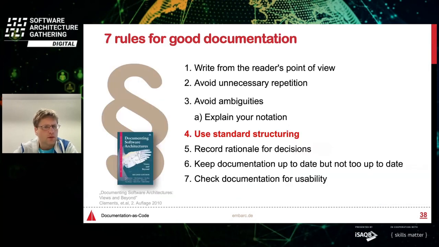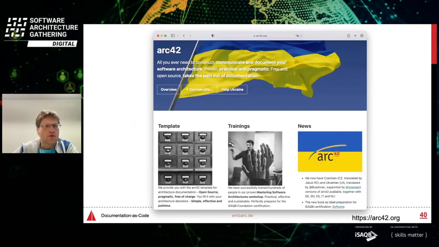And this is also part of our 7 rules for good documentation. So number 4, they also said use standard structures. And one of the most famous standard structures or templates is called arc42. It's developed by Gernot Starke and Peter Ruschka, and on the left below there's a short explanation.